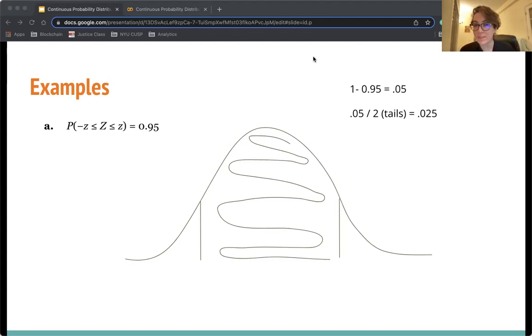Knowing that this would be symmetrical on both sides, we can declare the interval being from negative 1.96 to positive 1.96. The other approach would be to add 0.95 to the positive tail of 0.025 and find the z-score for 0.975, which is positive 1.96.